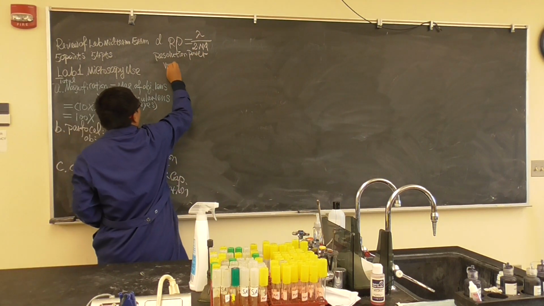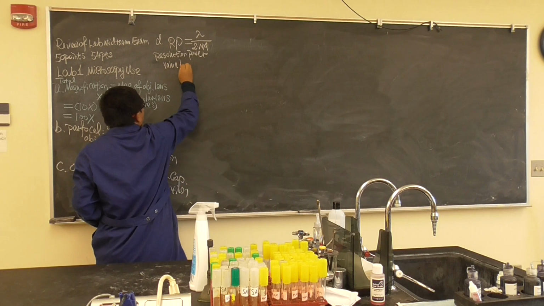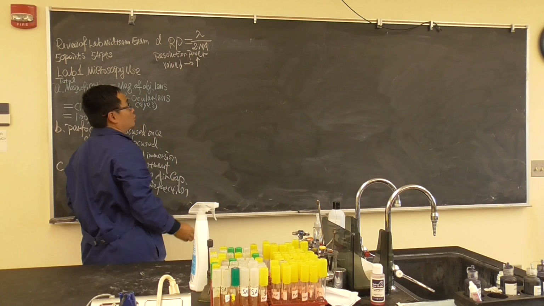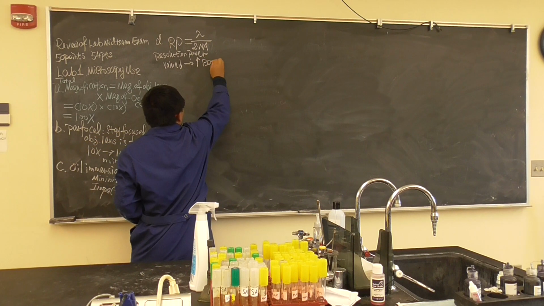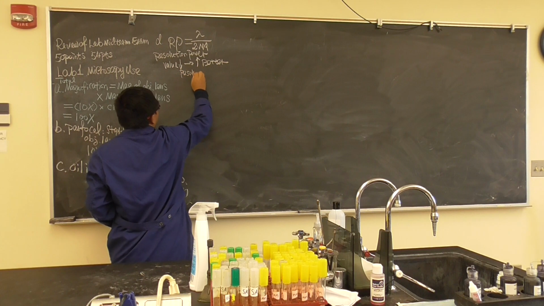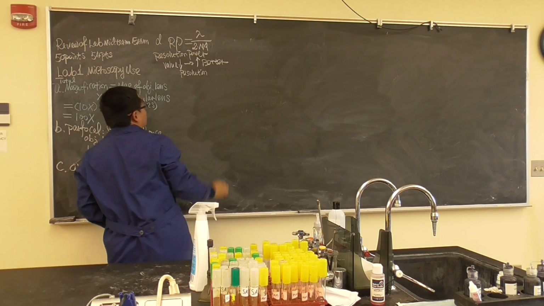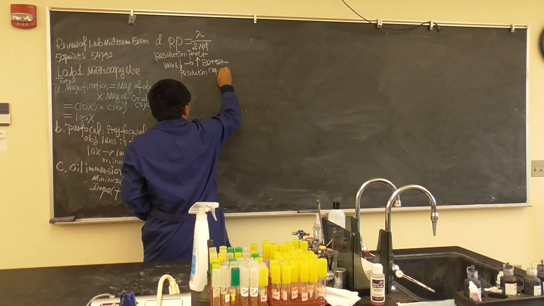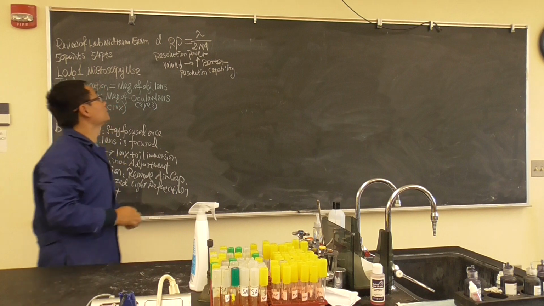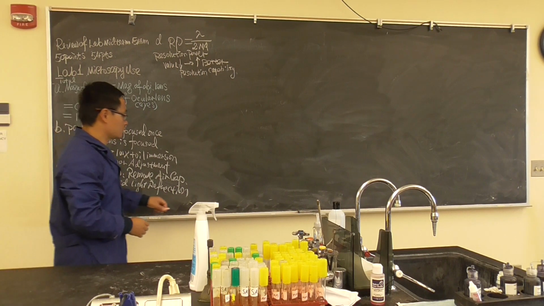Remember, we talk about the value has to be smaller, which means the resolution power is strong, which means it's better resolution capability. Okay, that's the resolution power, the calculation.